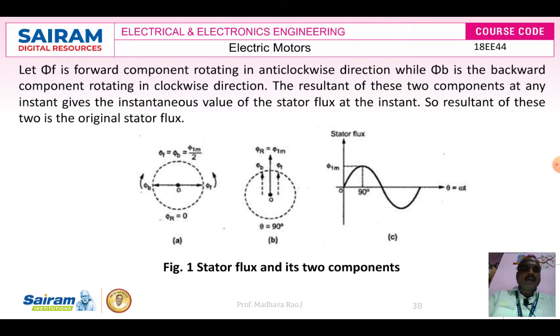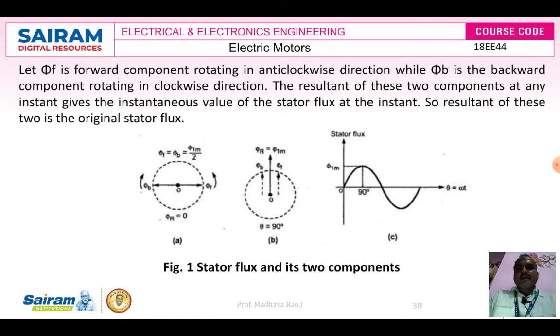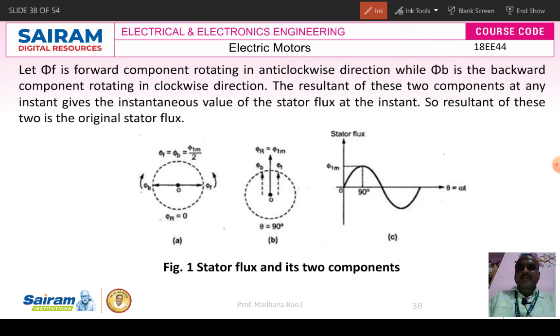Phi f is the forward component rotating in the anti-clockwise direction, while phi b is the backward component rotating in the clockwise direction.